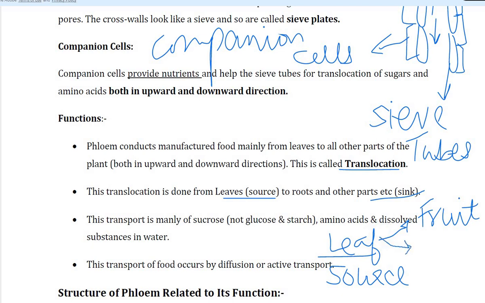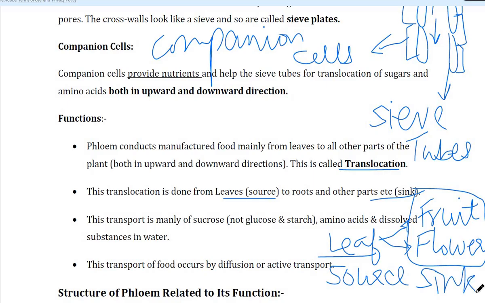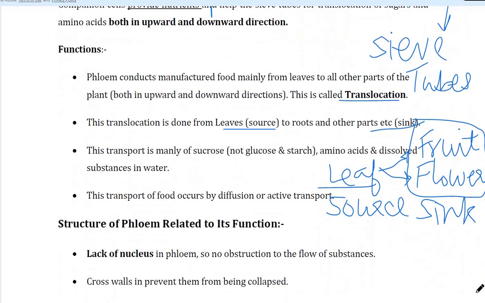And then this glucose is transported to flower. So where this glucose is being transported, this is called as sink. So source is from where glucose is being translocated, and fruit, flower or any other part where this glucose is translocated, it is called as sink.